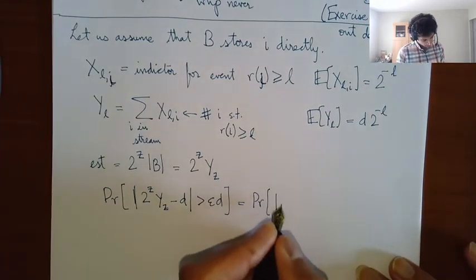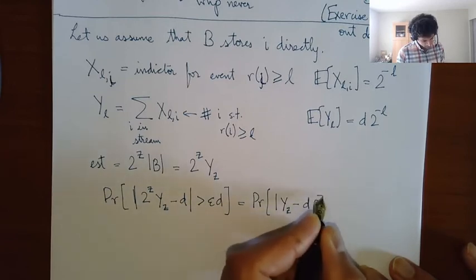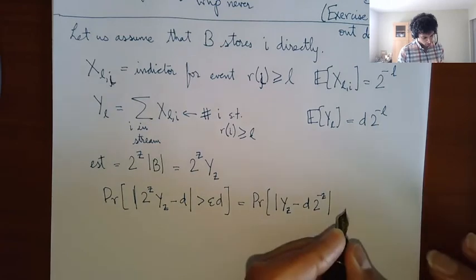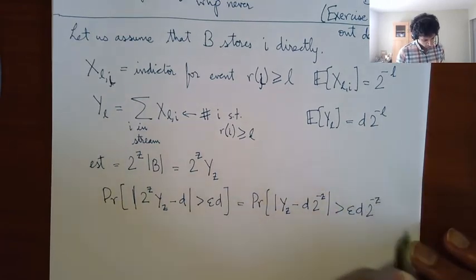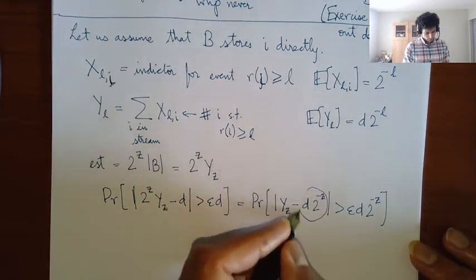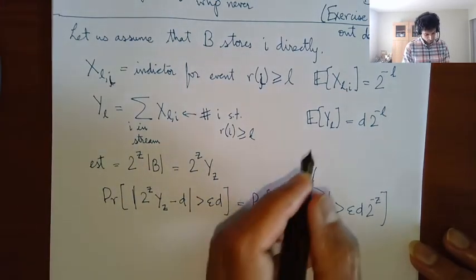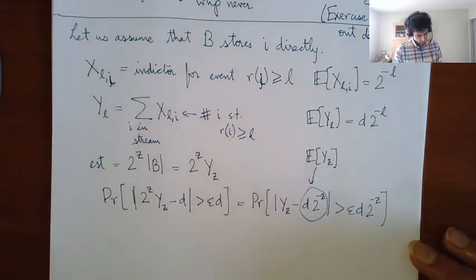Now we can write this as the probability that Y_z minus d times 2 to the minus z is greater than epsilon d times 2 to the minus z. This is precisely the expectation of Y_z.